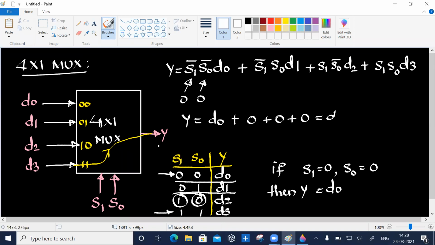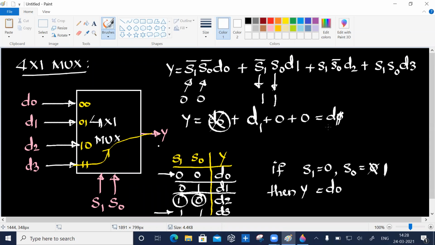So Y is equal to D naught. That's it. Similarly, take S1 equal to 0 and S0 equal to 1. Now this becomes 0. S1 equal to 0 means this becomes 1, and S0 equal to 1. So remaining all zeros. That means you must get here D1.